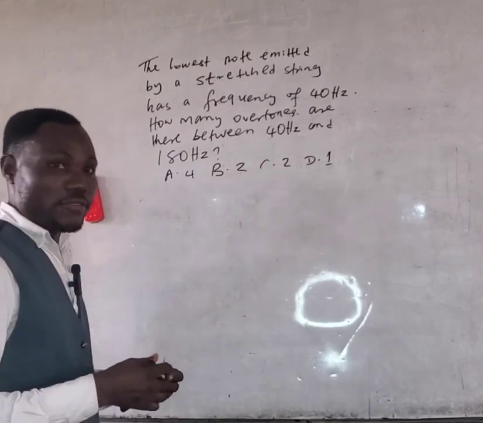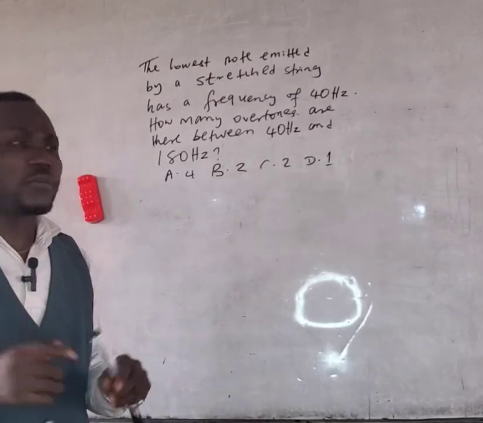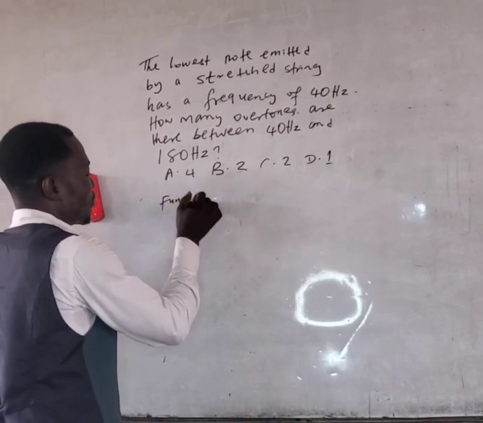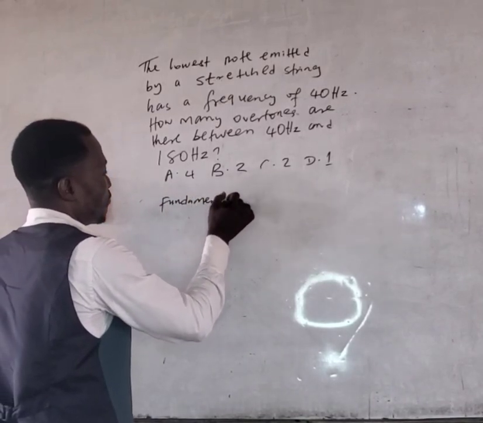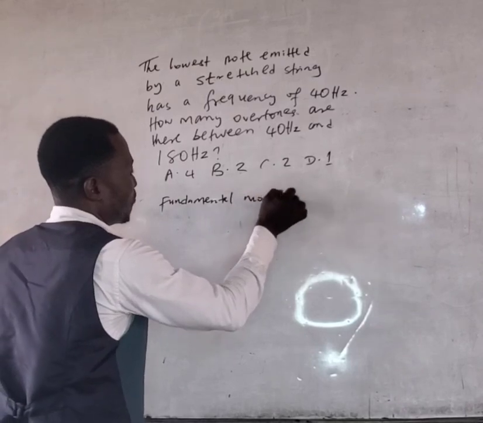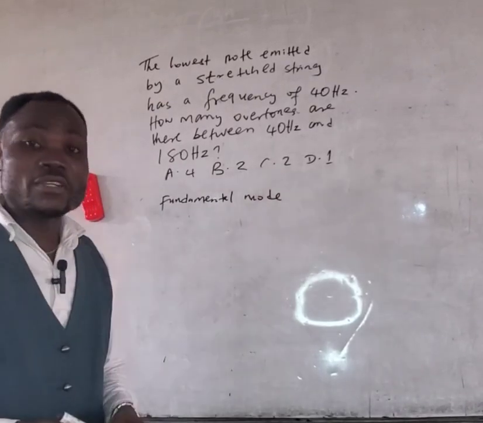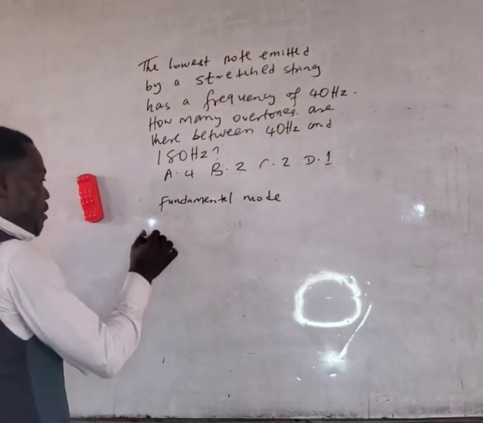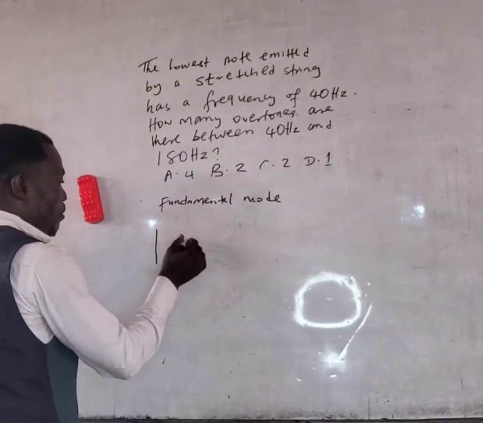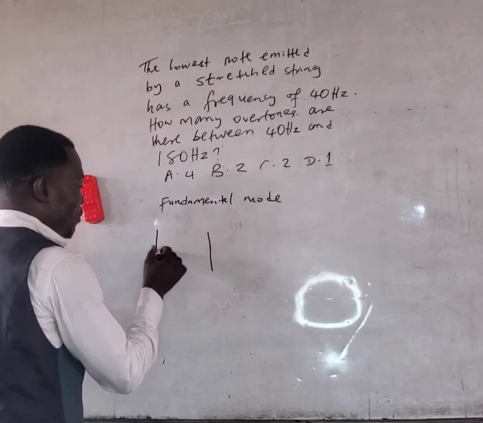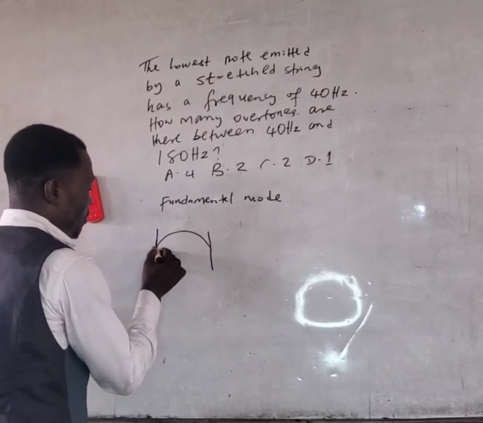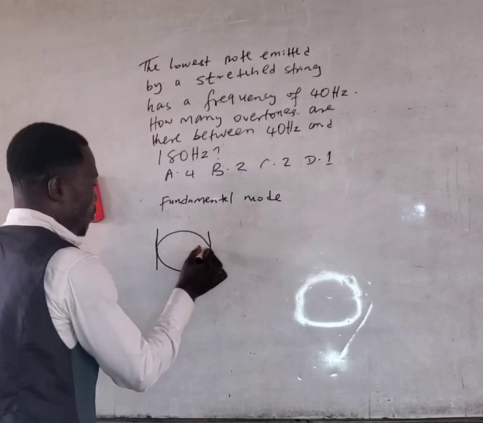We have what we call the fundamental mode of vibration of a string. Now, when a string vibrates under the fundamental mode, there is only one loop generated. There is just a single loop.